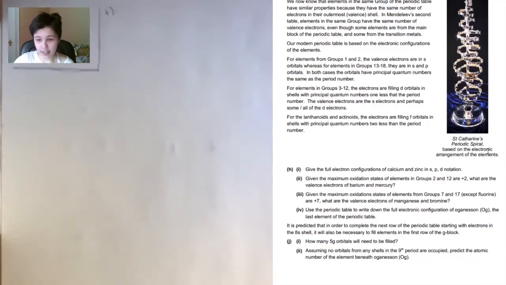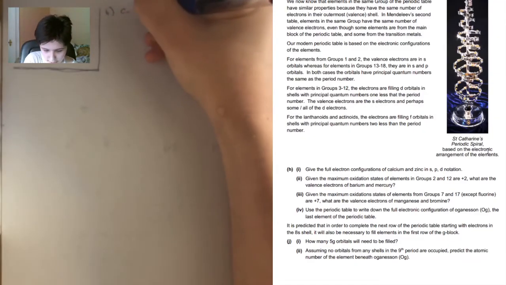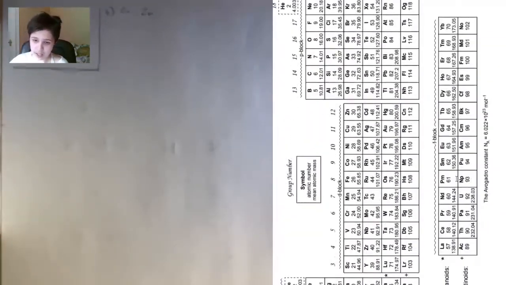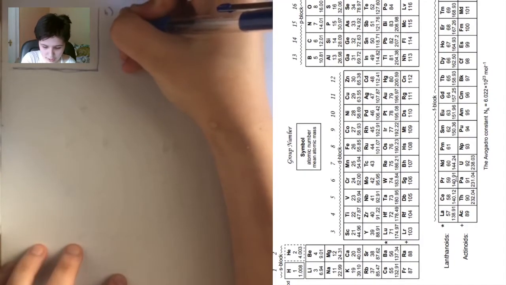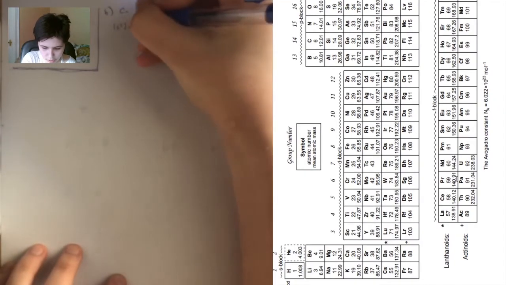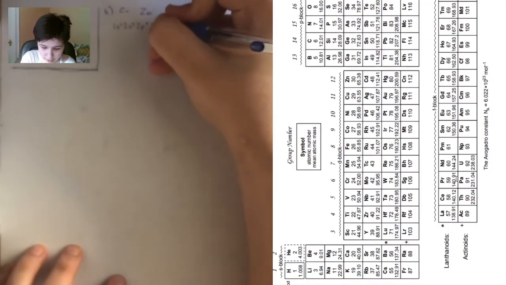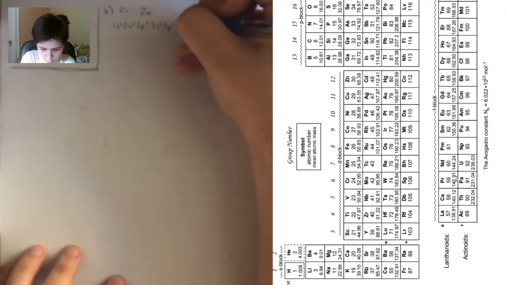For H, give the full electron configuration of calcium and zinc. Just going to scroll up to the periodic table. This gives me, for calcium, 1s2, 2s2, 2p6, 3s2, 3p6, 4s2.